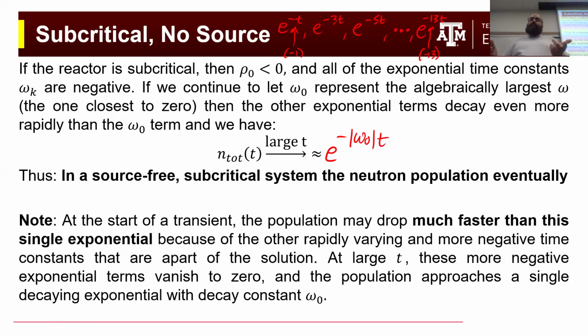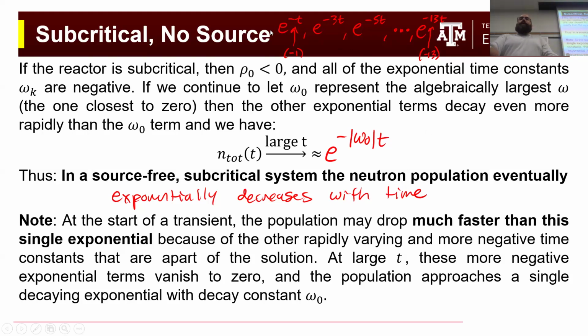So what this helps us see is that this governing behavior looks like a negative exponential. What we're saying is that if there's no source and we have a subcritical system, then the neutron population eventually exponentially decreases with time.